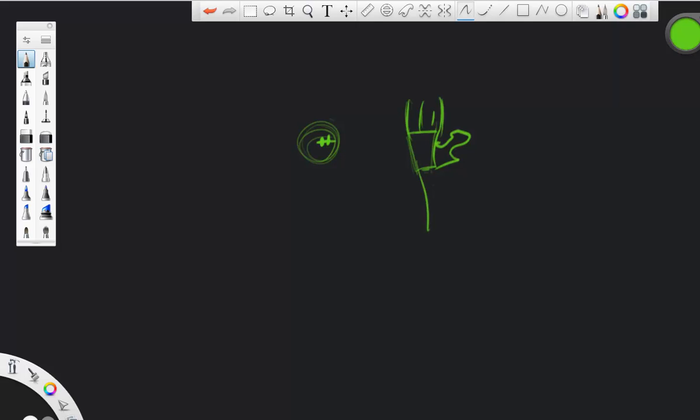You understand how to sketch the head, the hand, the feet, and the torso. So now everything comes together.